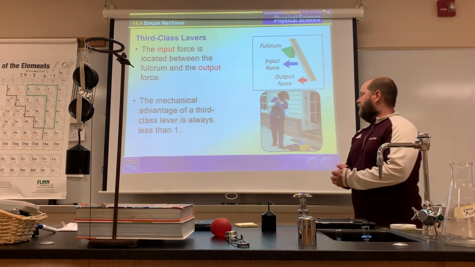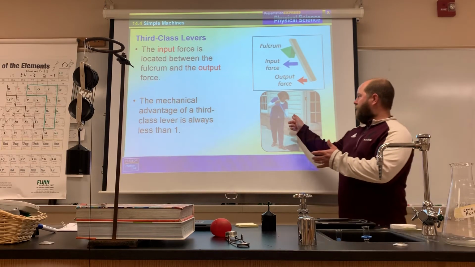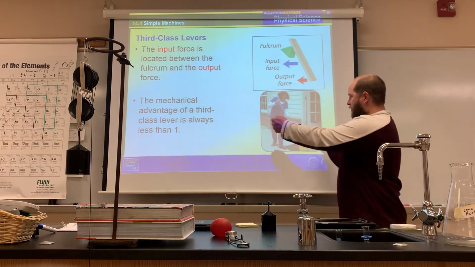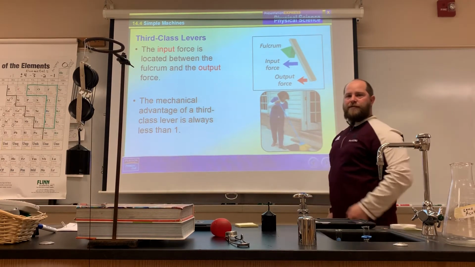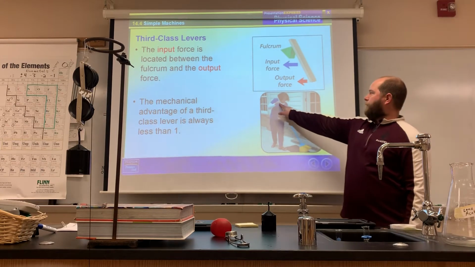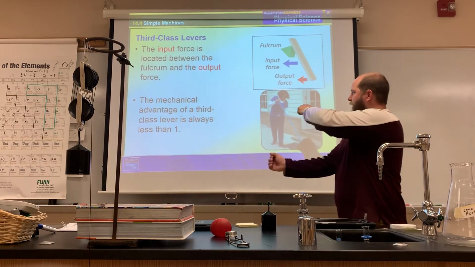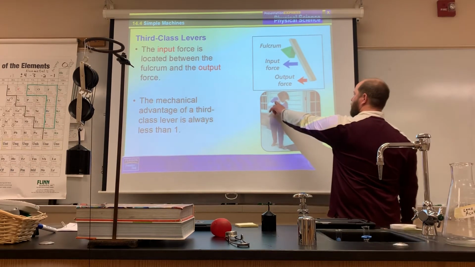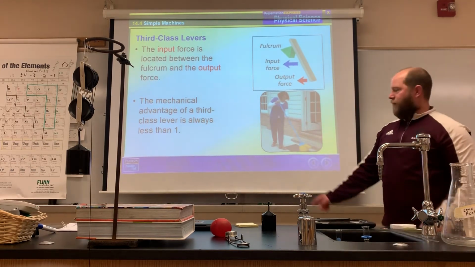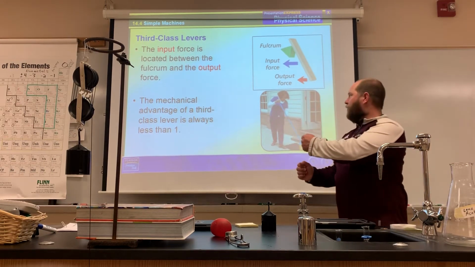But if you're looking at a broom, for an example, and you're picturing right here and you're going like this, where is it pivoting? It's pivoting on the hand. So the fulcrum is right here. What's the output force? It's down here. What's the input force? It's your hand actually moving it.